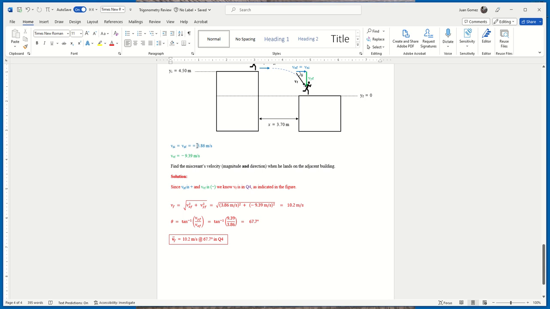And it turns out the x component is 3.86 meters per second. The y component, vy final, is negative 9.39 meters per second.